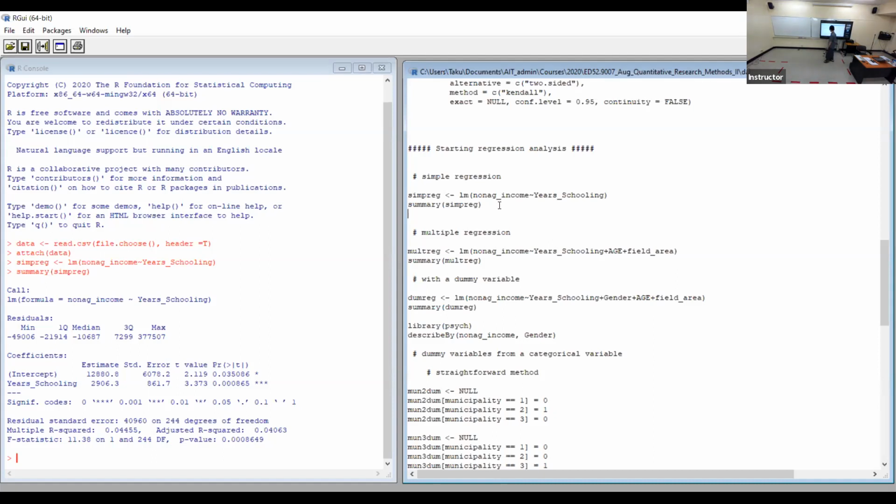Hmm, 0.0008 something. Is it large or small? This is very small. Okay, so when the p-value is very small, then this estimated coefficient, 2,906, we conclude that the coefficient is real.